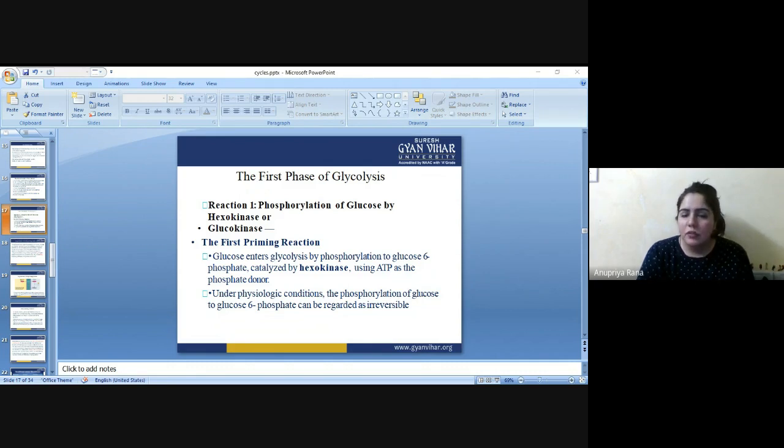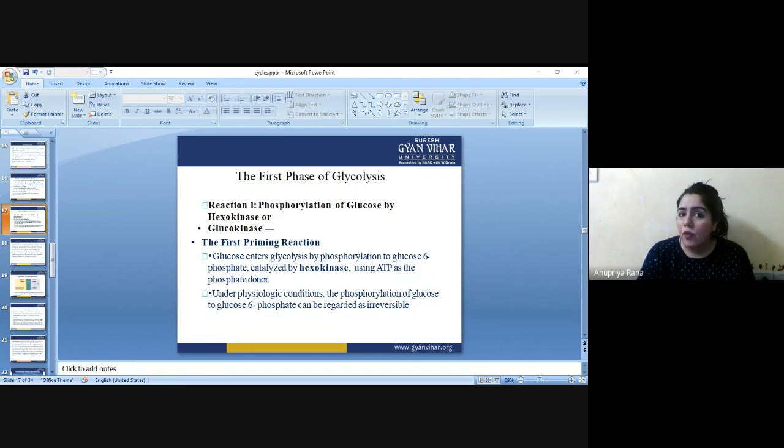So this is the very first reaction of glycolysis, the phosphorylation of glucose to glucose 6-phosphate. Here we need ATP as the phosphate donor, because we have glucose with 6 carbons, and we have to add a phosphate group to it.